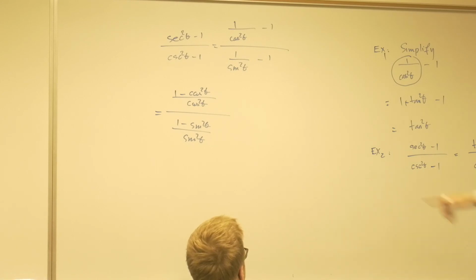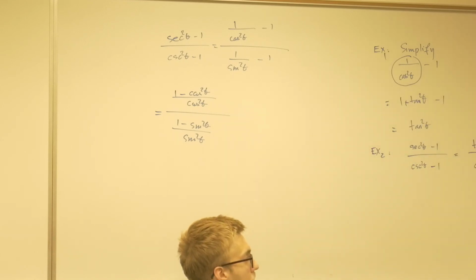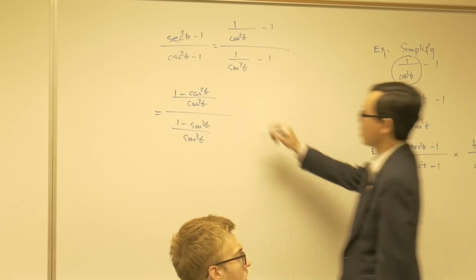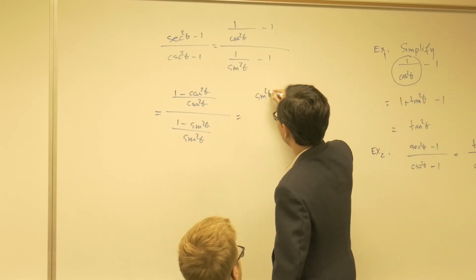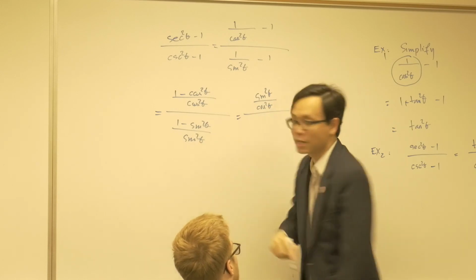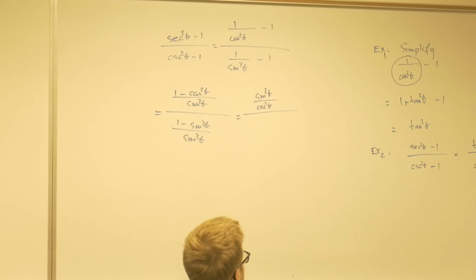And 1 minus cosine square gives you what? Look at that. 1 minus cosine square theta gives you sine square. Because if you go ahead and subtract both sides by cosine square, it gives you sine square. So it gives you sine square theta over cosine square theta. And 1 minus sine square theta gives you cosine square.